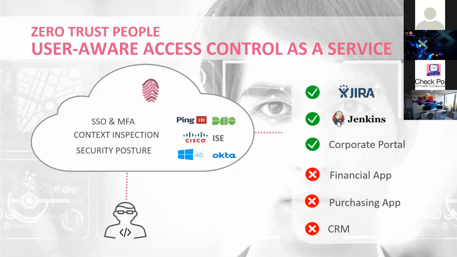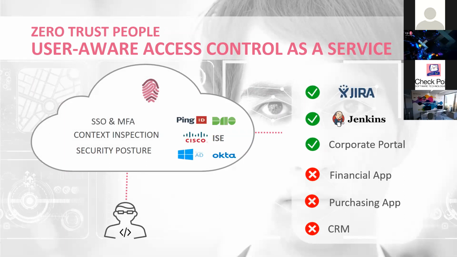Now, one of the key aspects that we often overlook is looking at the people. So we try and authenticate people, but we also try and then look at the capability of identifying the data that they should be gaining access to and the devices that they're coming from. So what we're doing inside Checkpoint is we're looking at the capability to do access control as a service. So we can do single sign-on and machine authentication.